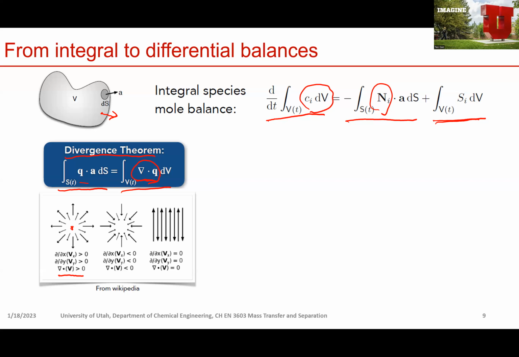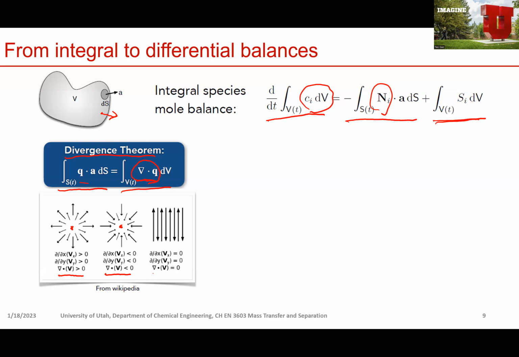Okay. And in the example in the middle, we have a series of vectors pointing toward the center of this point. Now we have net inflow, then the divergence is going to be negative.